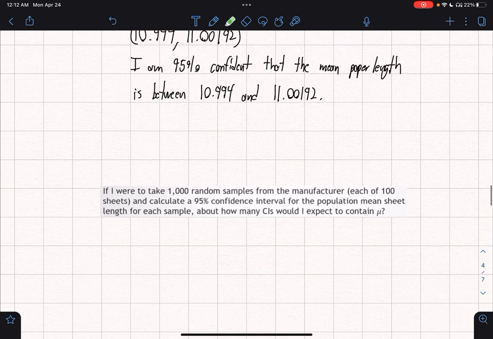Okay, so if we were to take 1,000 random samples from the manufacturer, each of those samples was 100 sheets, and we calculate a 95% confidence interval for the population mean sheet length for each sample, how many confidence intervals would we expect to contain the true parameter mu? Well, we're saying we're going to take 1,000 samples, and we have 95% confidence.